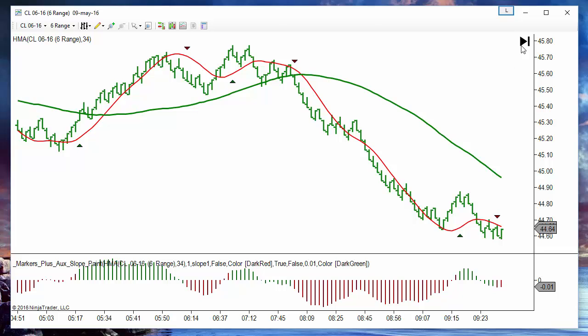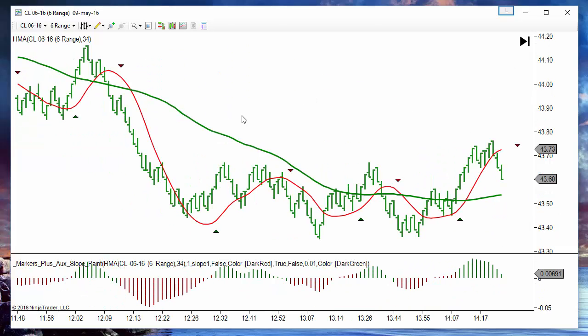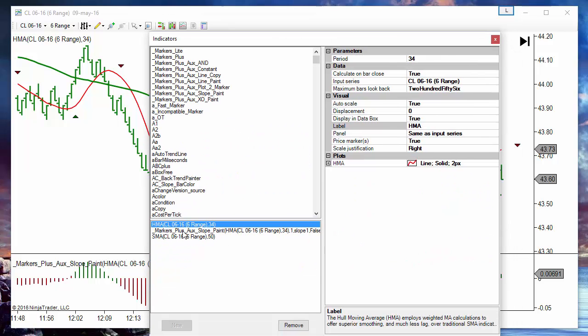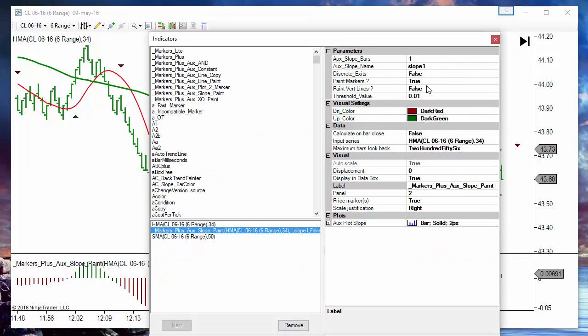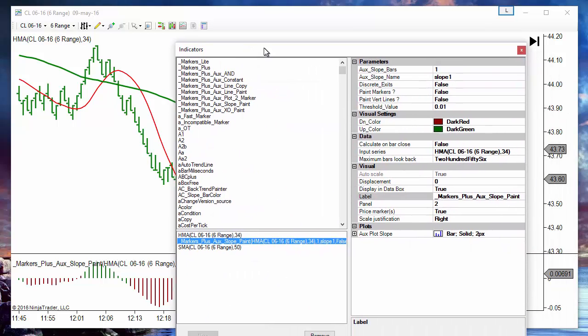If we want to signal this coincidence between the slopes of two lines, so having a long signal when the slope of both lines is trending up, we need to use, let's remove the signals from the slope indicator, so we get no more signals.